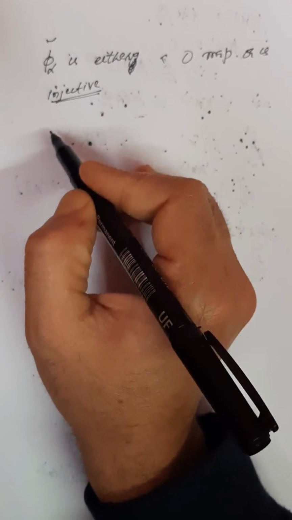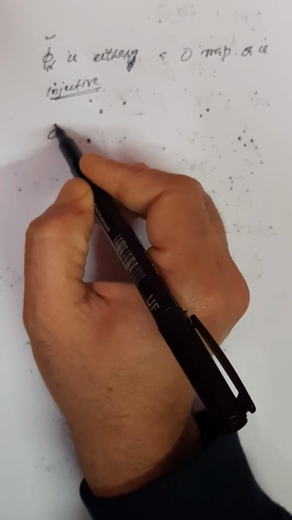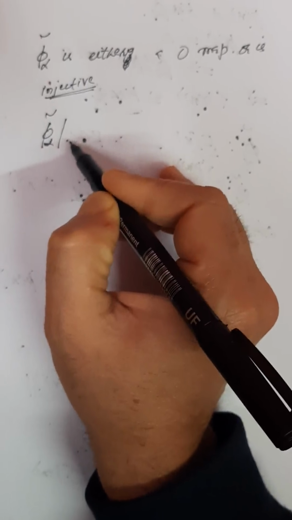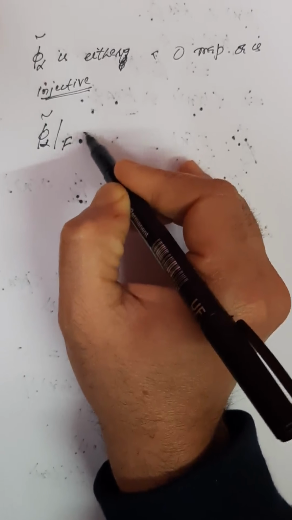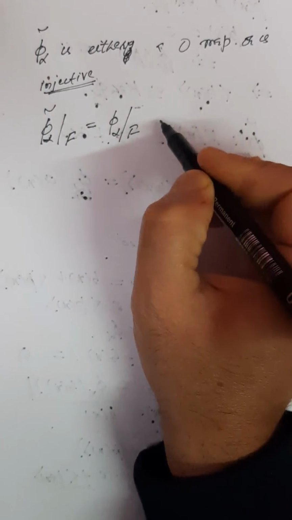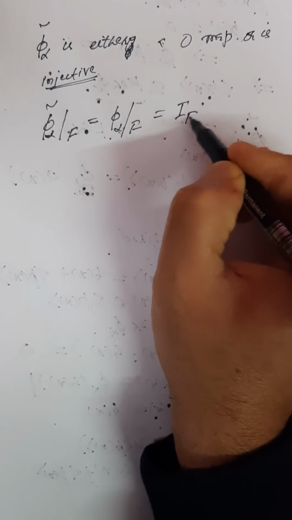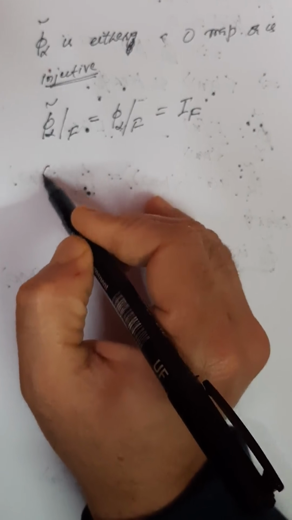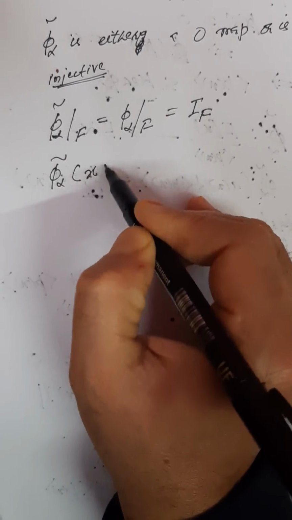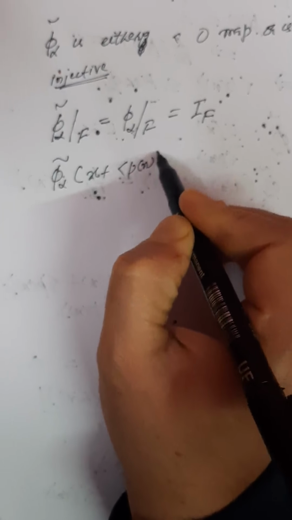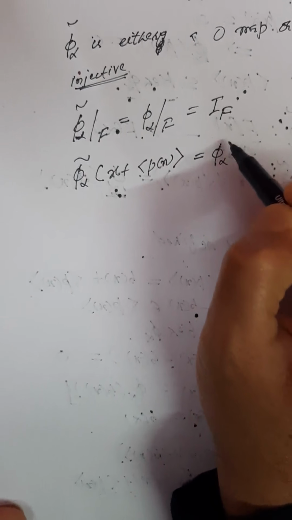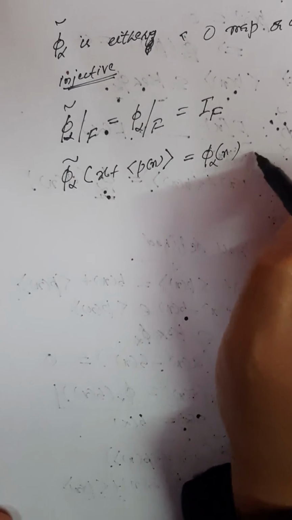We have just noticed that phi alpha tilde restricted on F is the same as phi alpha restricted on F, which is the identity on F. Moreover, phi alpha tilde of x plus the ideal generated by p(x) is the same as phi alpha of x, which is alpha.